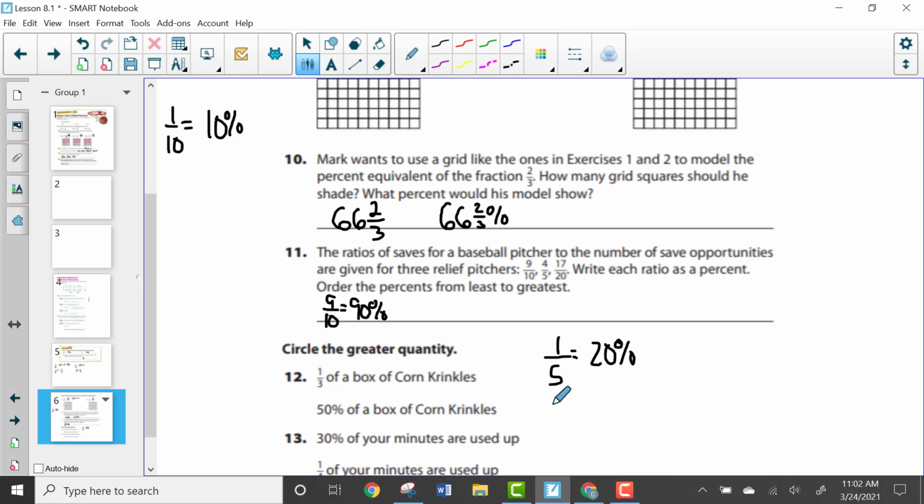And in order to get to 4/5, we multiply 1/5 times 4, and that's going to give us 4/5. And since we multiplied that 1/5 times 4, giving us 4/5, we have to multiply that 20% times 4, and that's going to give us 80% there. So 4/5 equals 80%.